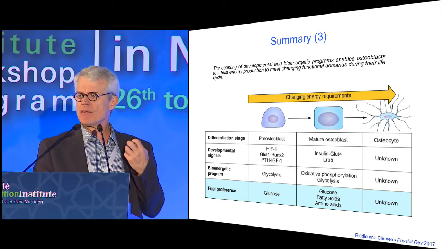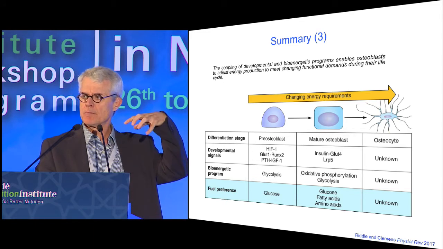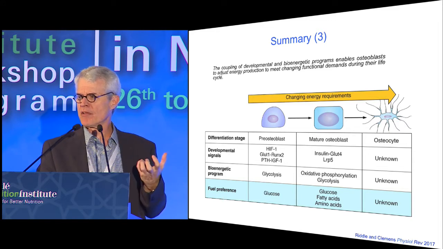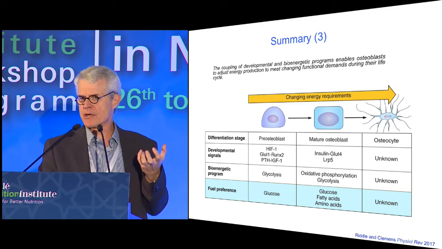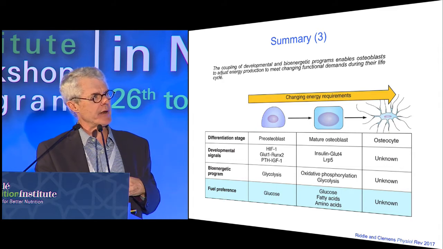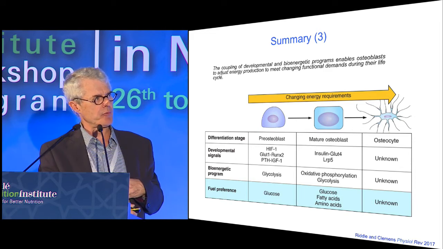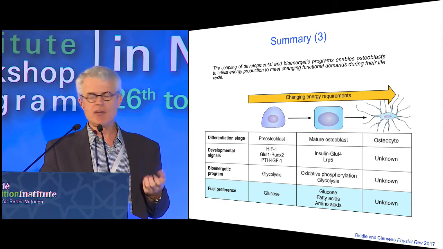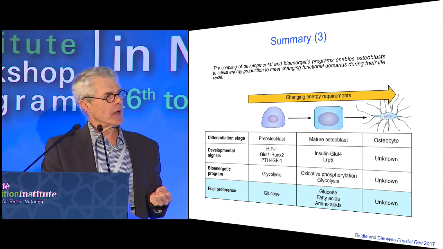As they move to a cell that needs to make a collagen matrix and then mineralize it, and think how unusual that is for a cell in the body to make tons of collagen and then put down mineral. There's no other cell that does that. They switch their bioenergetic program, and one way to do it is using this developmental factor LRP5 through the Wnt pathway, and then they change their fuel preference to some extent and begin to burn fatty acids as well.